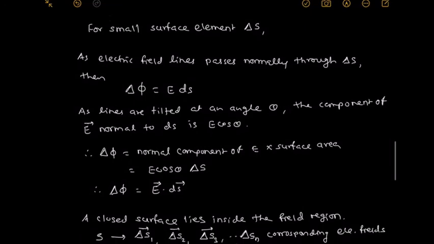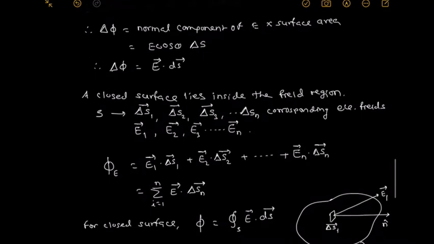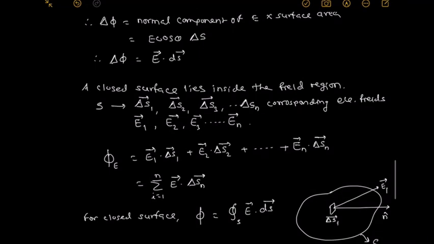If we are considering a closed surface S, and that surface is divided into a number of small surface elements delta S1, delta S2, delta S3 and so on up to delta Sn, at each element the corresponding electric field is in the direction of E1, E2, E3 up to En.